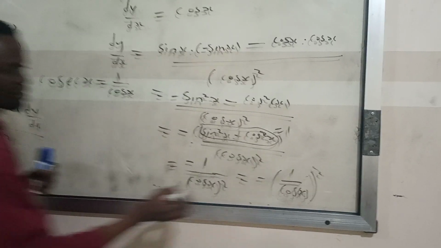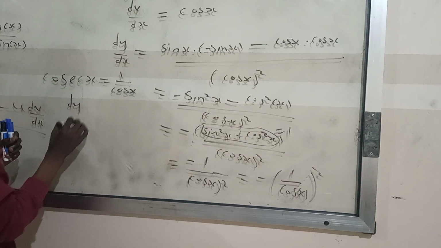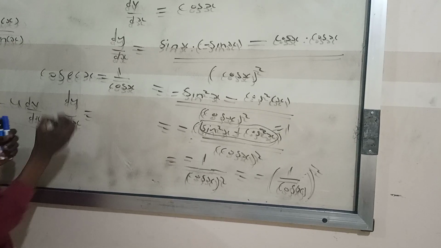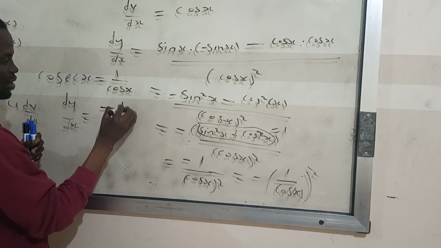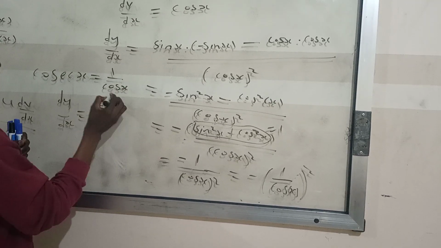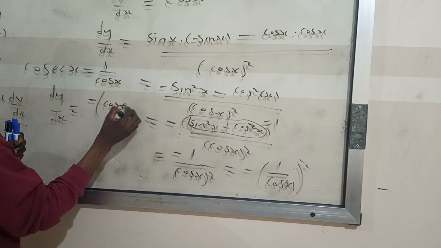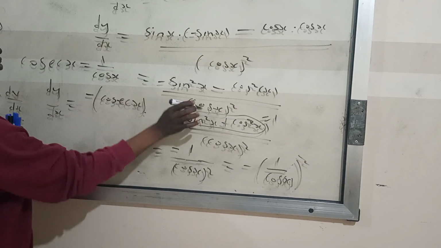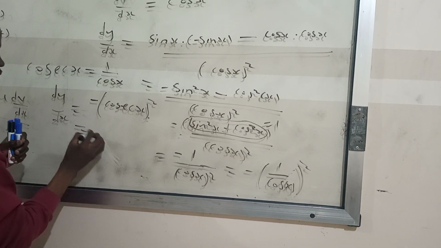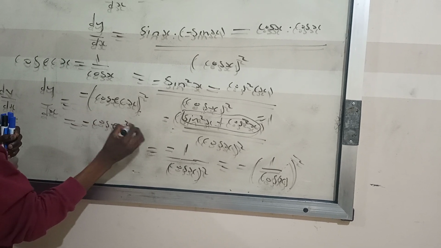So in place of this whole thing, we put cosec x. So my dy/dx is going to be negative cosec x all squared. So at the end, I get negative cosec square x.